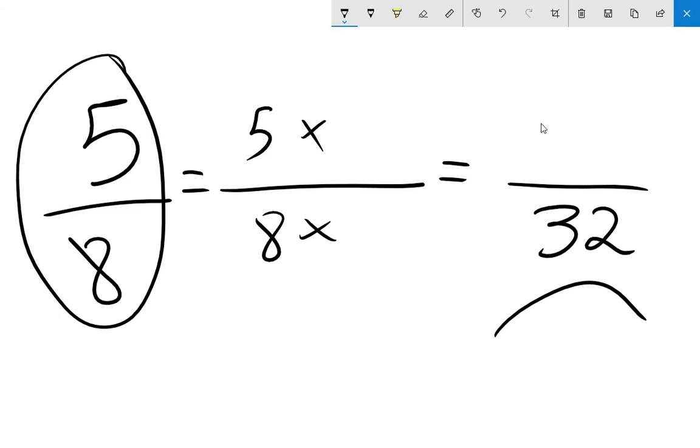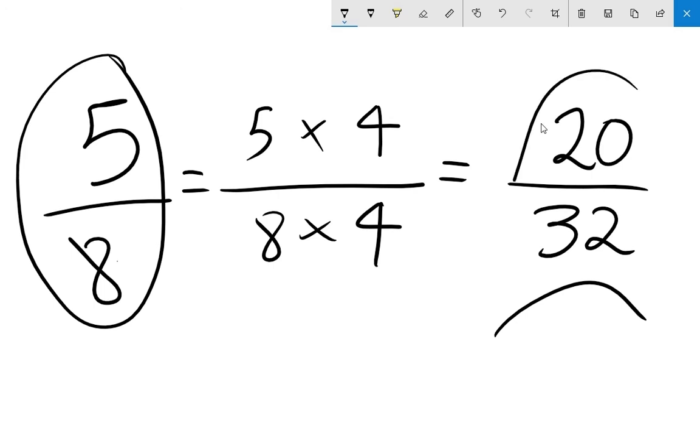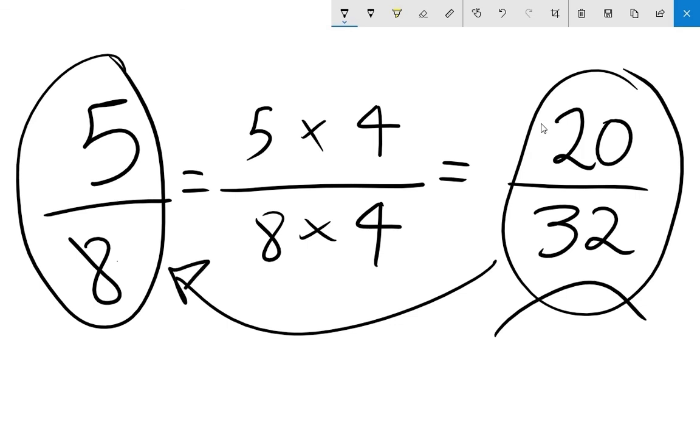Can you think of a number that multiplies 8 to give us 32? 4 times 8 is 32. Therefore 5 times 4 gives us 20. A proper fraction, 20 over 32, is a bigger form of this simple fraction.